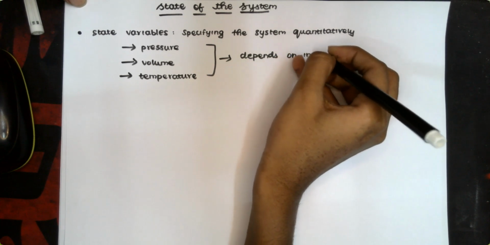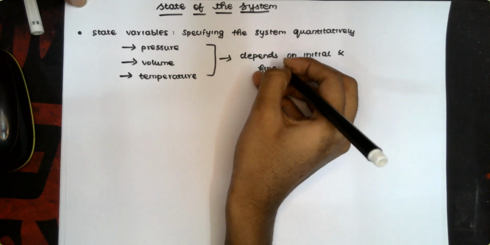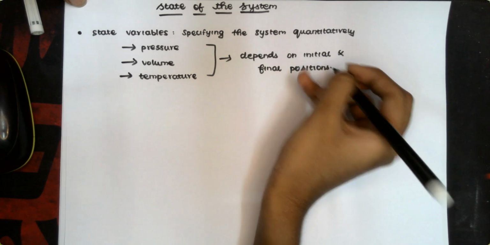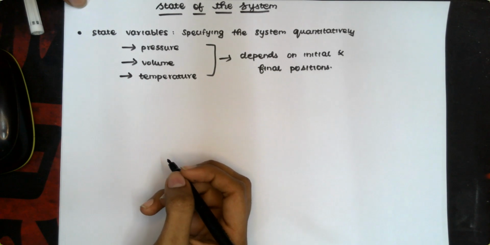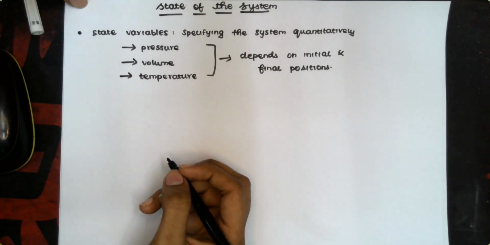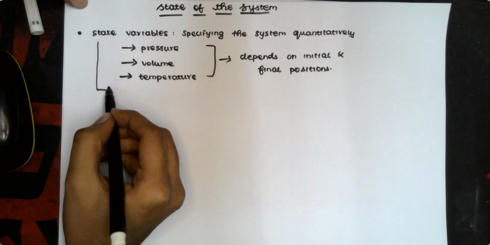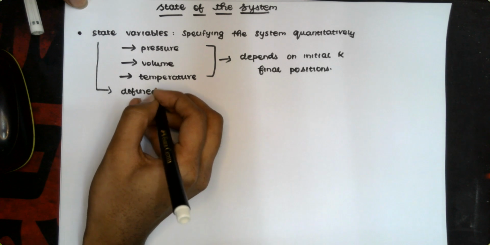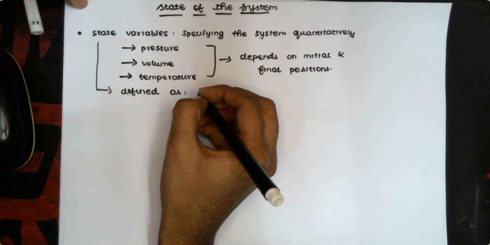When the question is asked like this, you can cite the examples like pressure, volume, temperature, etc. But when you are asked to define what state function is, the state function or the state variable is defined as: when the system is interpreted based on the initial and the final state, then it can be called state of the system.